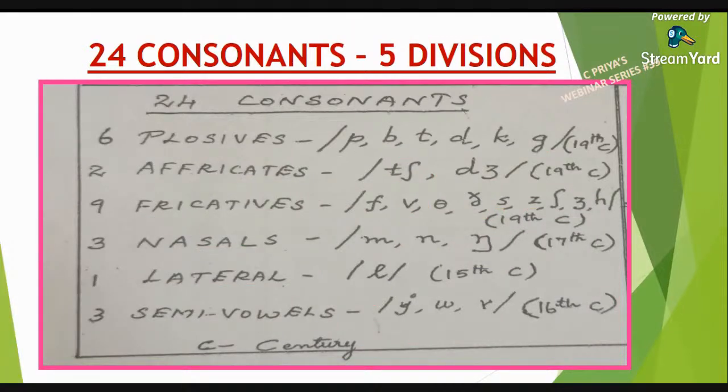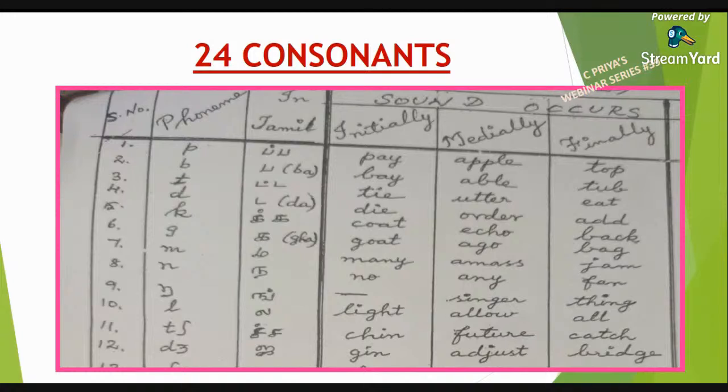Okay. Now we go to the slides, right? First, I take the first 12 consonant sounds: P, pa, ba, ta, da, ka, ga, ma, na.